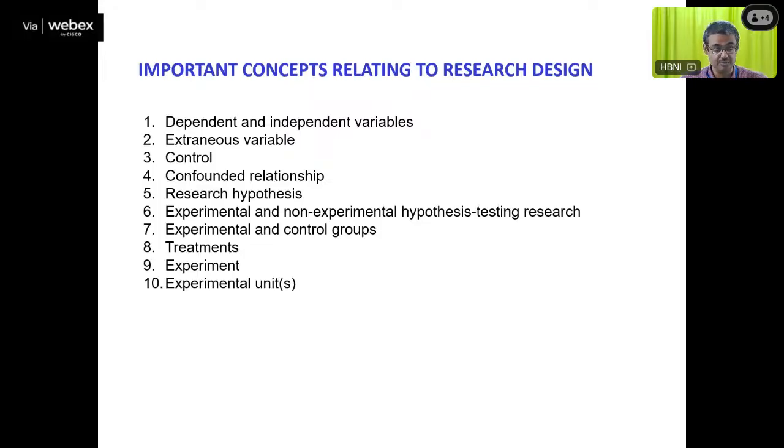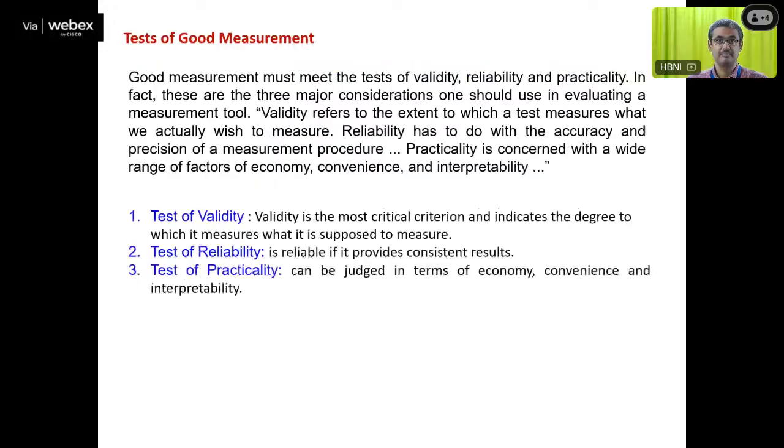We discussed today also what are extraneous variables, control experiment, confounded relationship, research hypothesis, experimental and non-experimental hypothesis-testing research, experimental and control group, treatments, meaning the modifications or the modulations which you are doing, experiment and experimental unit. So we discussed all these in detail. These are the concepts of research methodology classes, basically, which you were introduced to.